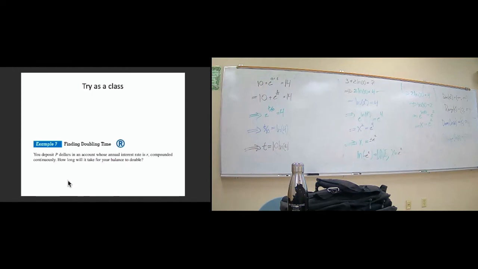So when might we use some of this? As an example problem, we've got what we have right here on the screen for y'all. If we have some principal amount that we deposit into an account whose annual interest rate is R, and it's compounding continuously, we want to know how long it'll take for our balance to double.